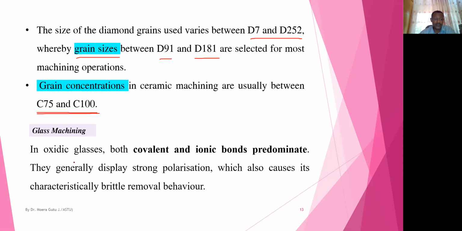Glass machining: in oxide glasses, both covalent and ionic bonds predominate. They generally display strong polarization, which also causes the characteristically brittle removal behavior. When machining glass, it can easily fracture, which causes difficulty in machining.